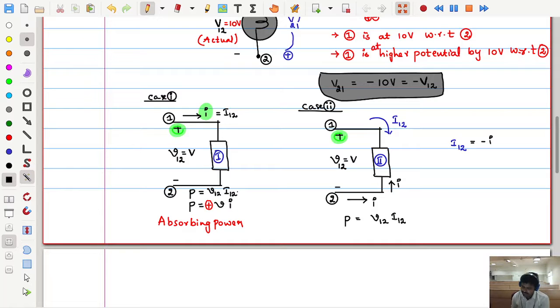Now V12 is V, and I12 is minus I. So this is minus V into I, or small case letter i, no issue. This negative sign represents that element number 2 is supplying the power.